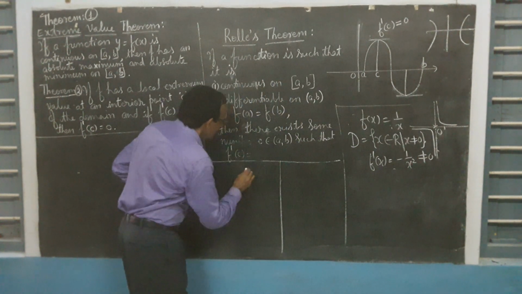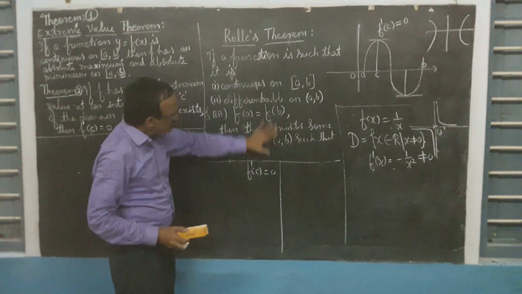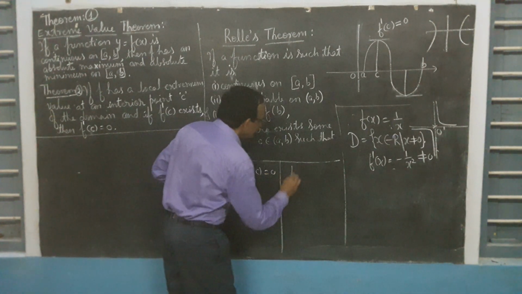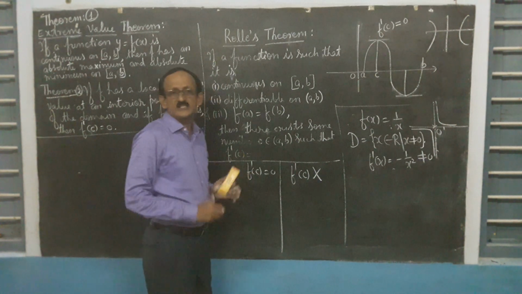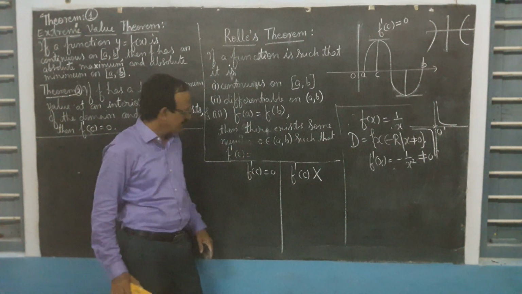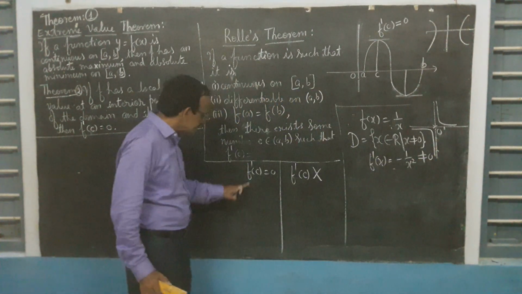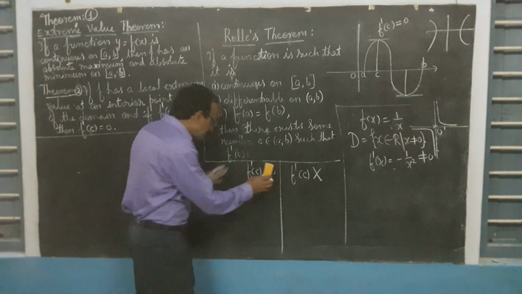One is points at which derivative is 0, or points at which derivative does not exist. These are the two channels where you can search for critical numbers. But derivative can never be 0, so searching of critical numbers in this channel is not possible.